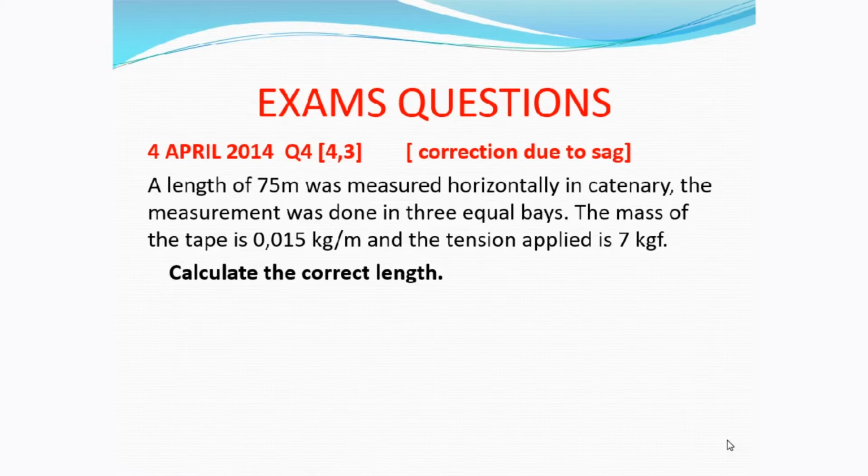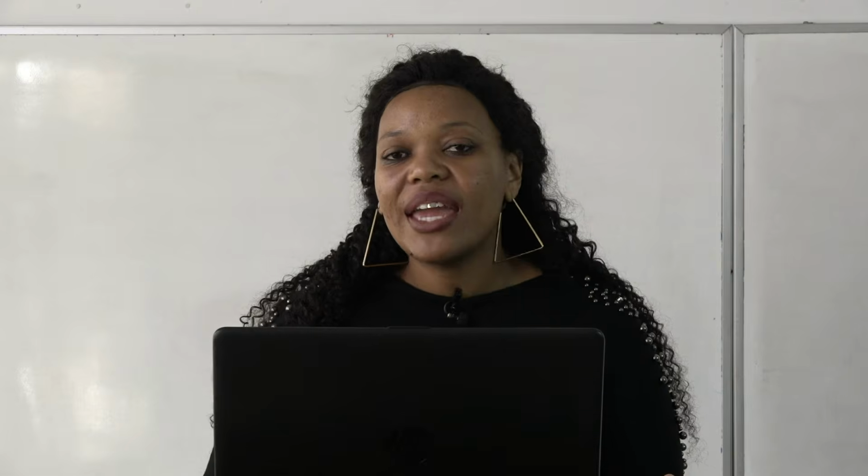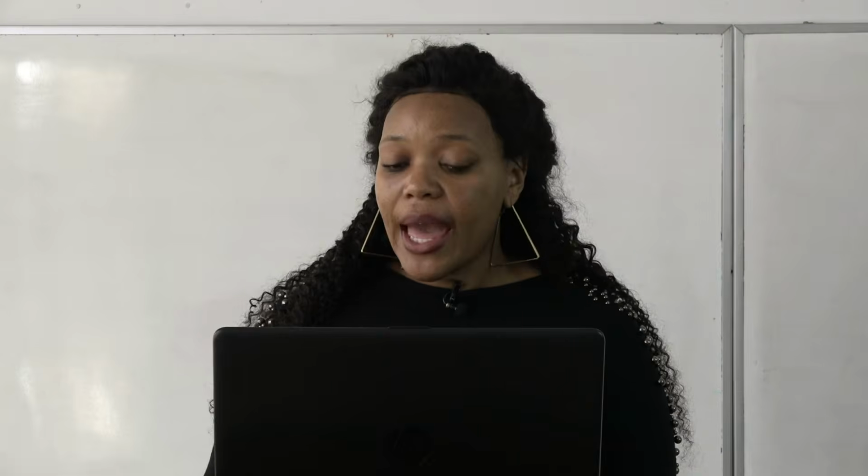Okay, so we are required here to calculate what? The correct length. As I've said earlier, you should be able to identify the suitable formula here. So here we are required to calculate the correction due to sag, because we have the mass of the tape, we've got the tension, we've got the number of bays.